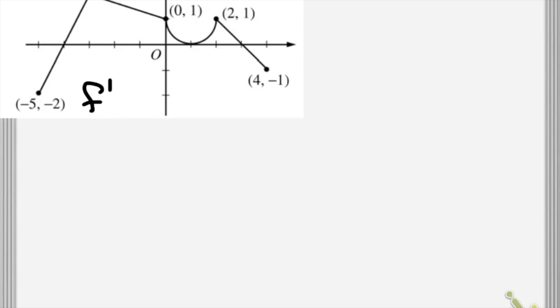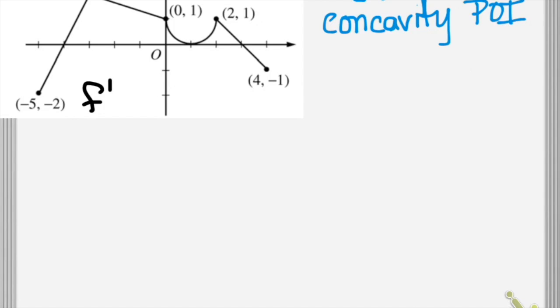Okay, so now let's look. It's still f prime, but we want to find where f changes concavity. So we want to look for the points of inflection, which is where f prime changes from increasing to decreasing.